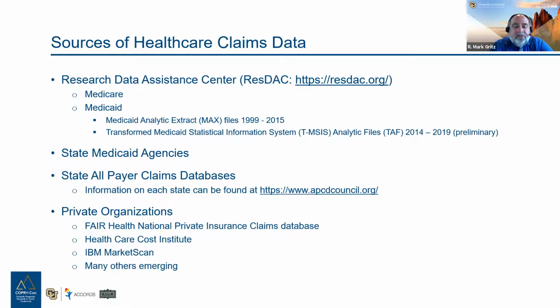There are a number of other emerging private organizations that have purchased Medicare data from ResDAC and Medicaid data, as well as pulling together some of the private insurance claims data into a data source where they will try to aggregate all of these data together.